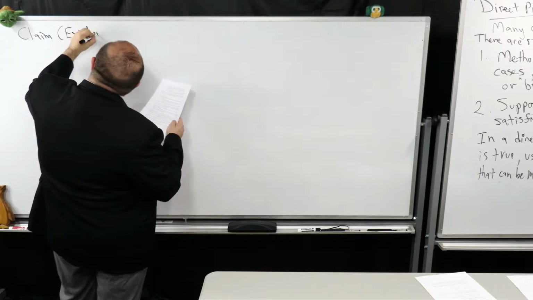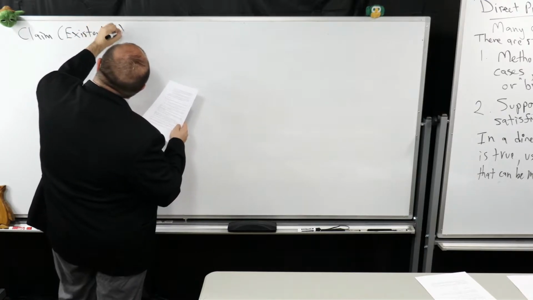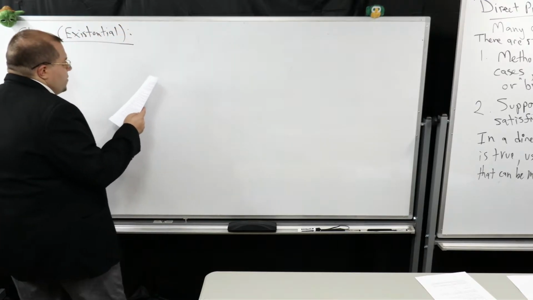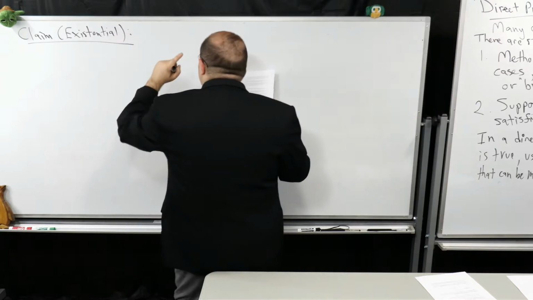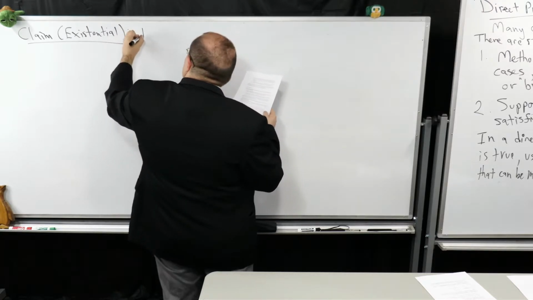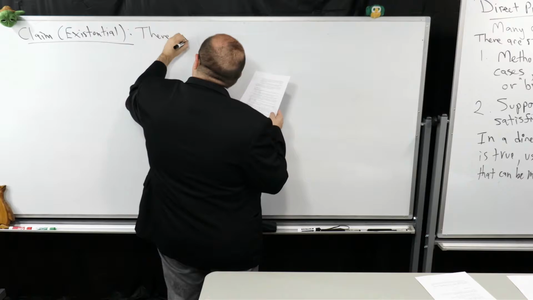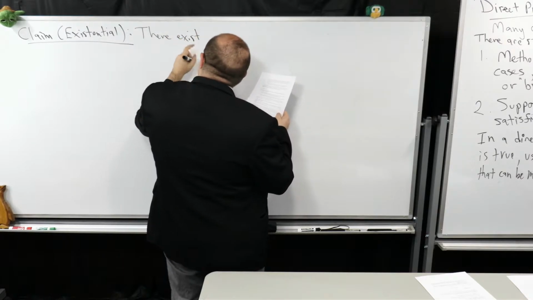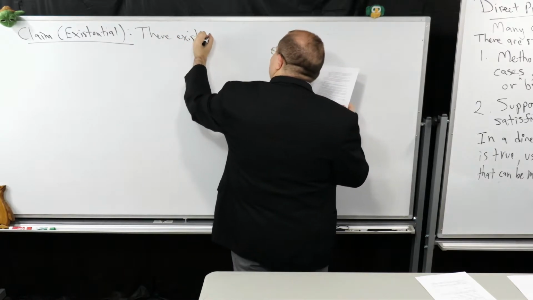But I'll just call them claims here to keep it simple. Some people call these propositions, and that's fine too. So this is just an example of an existential claim I'm going to prove for you. Just going to show you how I can do a direct proof. So I'm going to say there exists. There's the keyword that you will see right away. That's an existential claim.